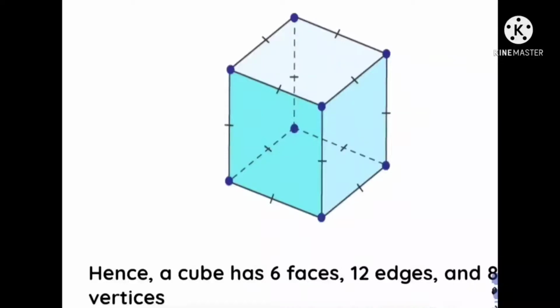So 8 vertices. We have 6 faces, which means 6 squares in a cube. And 12 edges means we have 12 sides: 1, 2, 3, 4, 5, 6, 7, 8, 9, 10, 11, 12. So 12 sides are there.